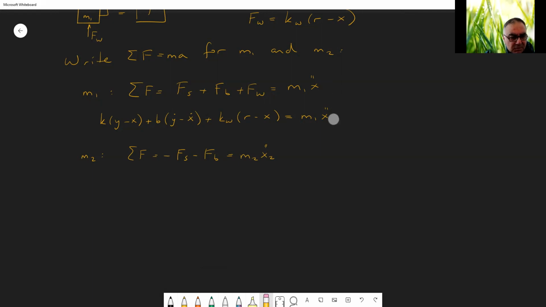Of course, I'm not using x2 and x1 here. I'm using y. Okay, I'm using y here, right? Fs is minus k. It was what? (y minus x) minus b(y dot minus x dot) is equal to M2 y double dot.